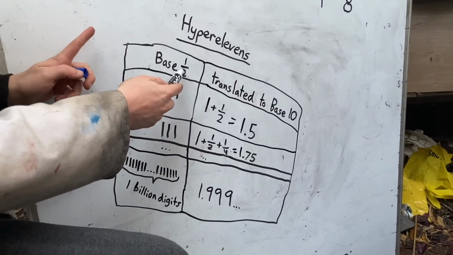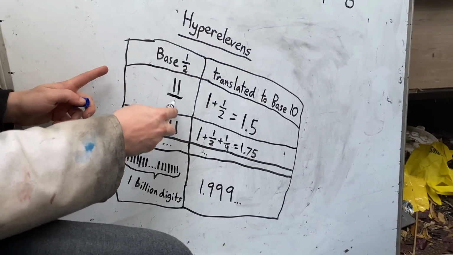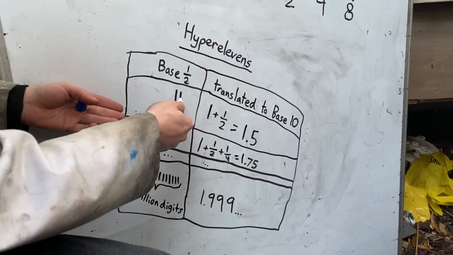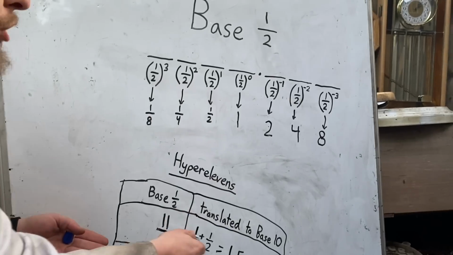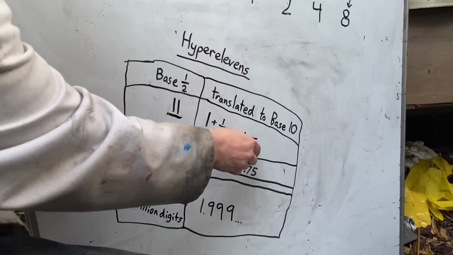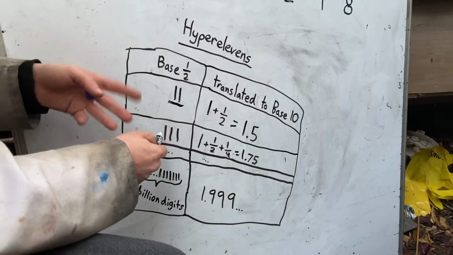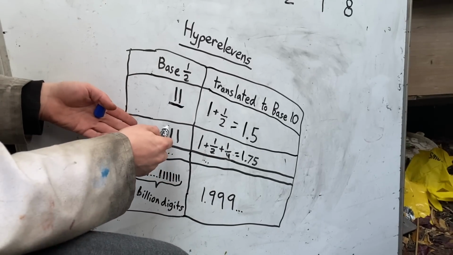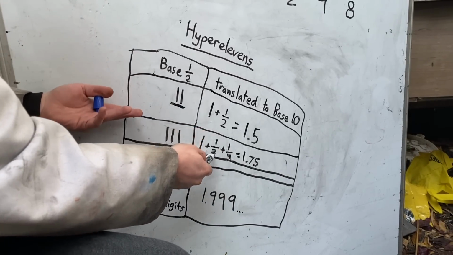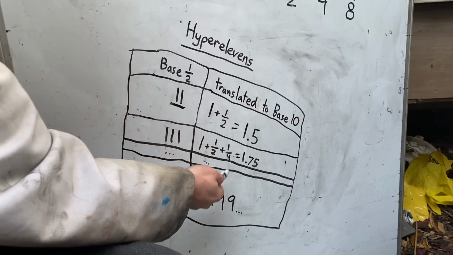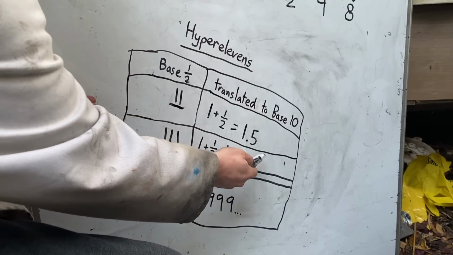Well, the number that base 1/2 writes as 1, 1 translates back into our base as they add 1 of the 1's place and 1 of the 1/2's place, which adds up to 1.5. And if we see a number that base 1/2 would write as 1, 1, 1, that's 1 of the 1's place, the 1/2's place, and the 1/4's place, adding up to 1.75.